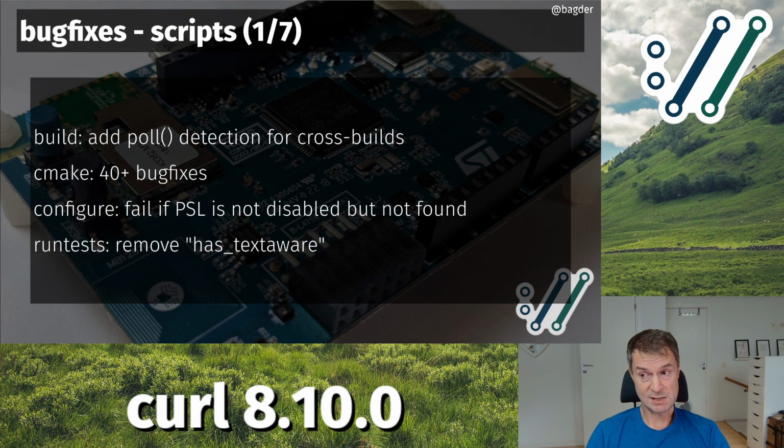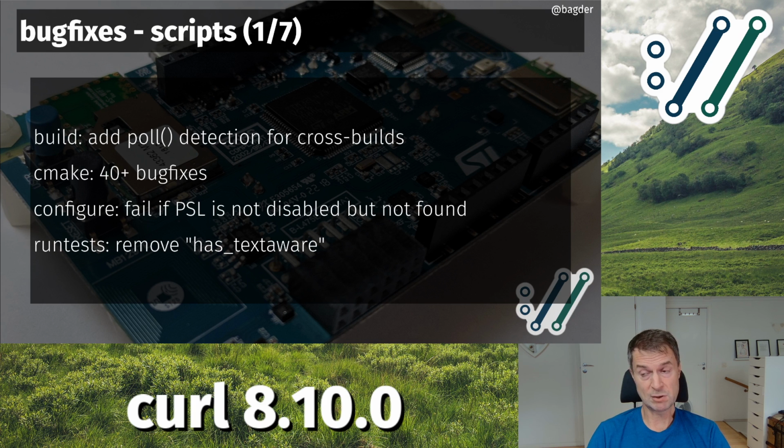And the run test script, which is the primary script that runs our test suites, no longer has any text awareness. Basically, it has stopped treating Windows environments differently, because on Windows text files and binary files are different, right? But we have already since before marked text files specifically in the test suite so that it works on Windows as well.